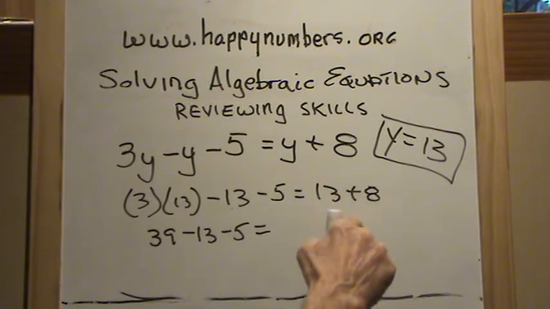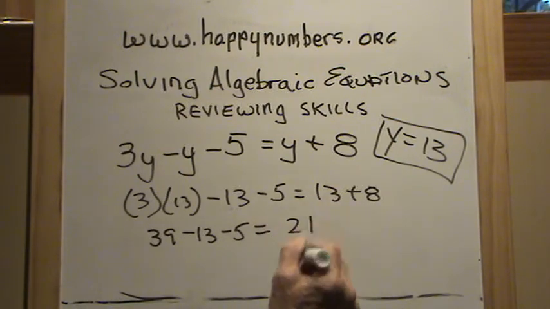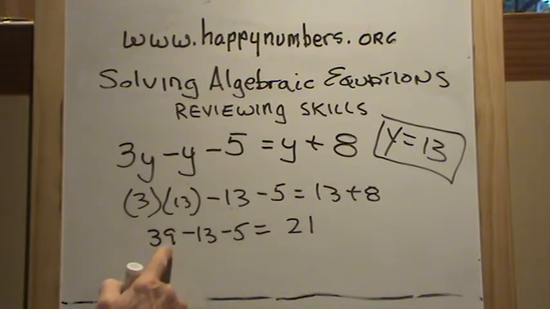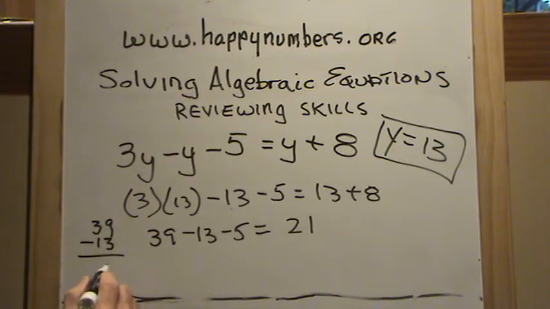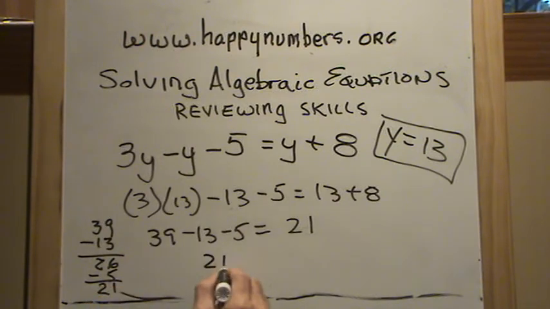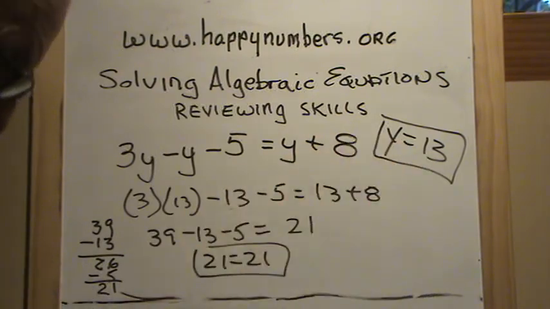Well, 13 plus 8 is 21. So let's see. 39 minus 13 would give me 26. 26 minus 5 would give me 21. So 21 equals 21. So then our answer that we solved for is correct.